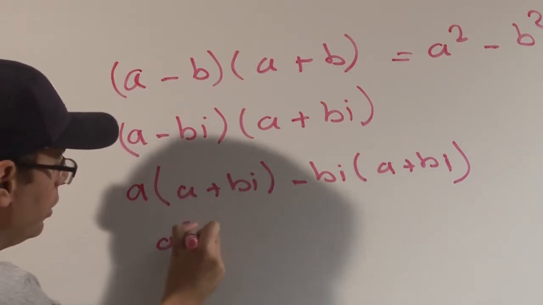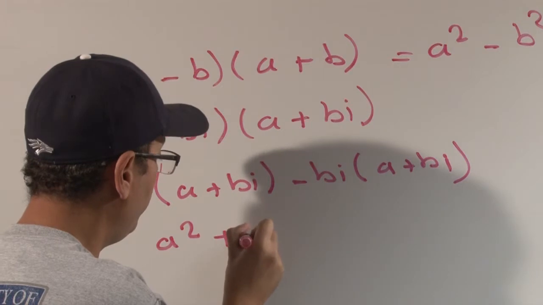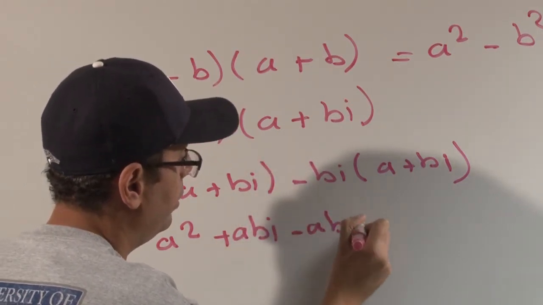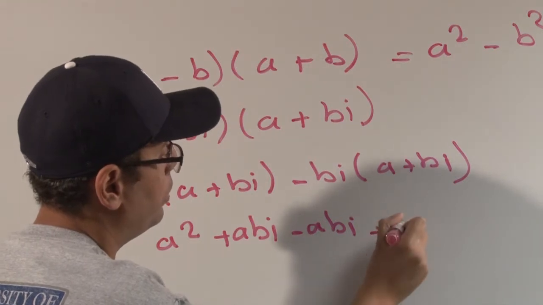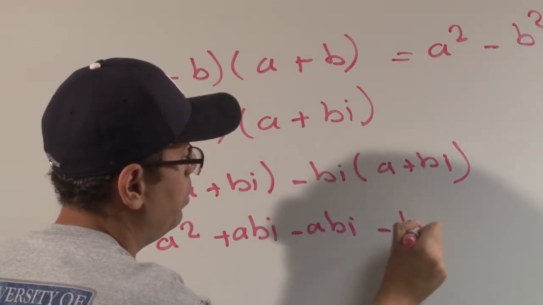A squared plus ABi minus ABi minus Bi squared.